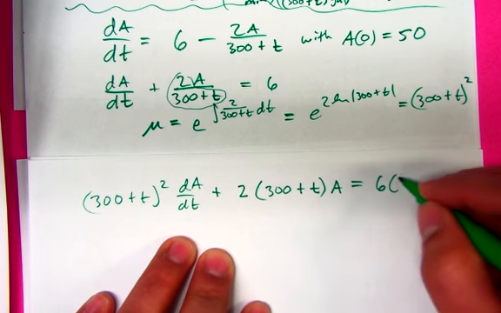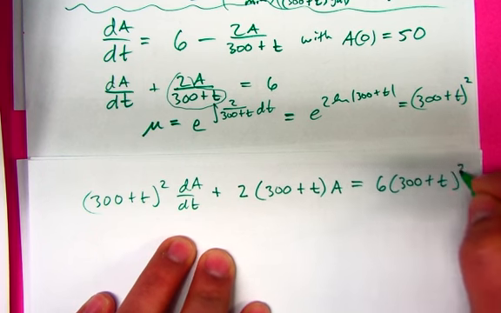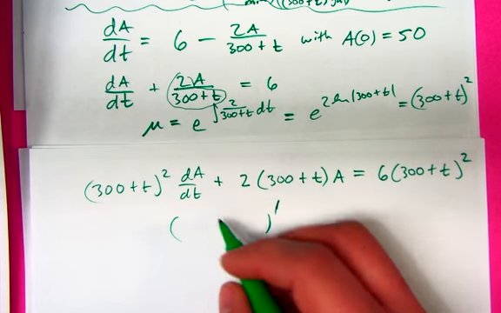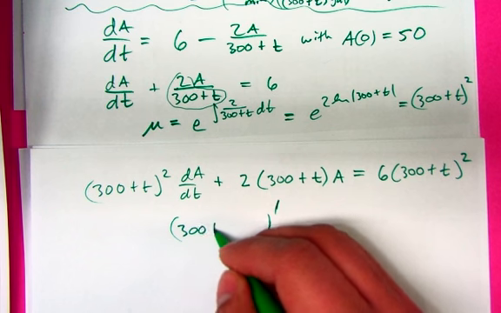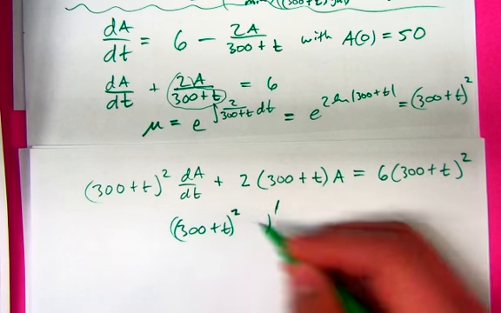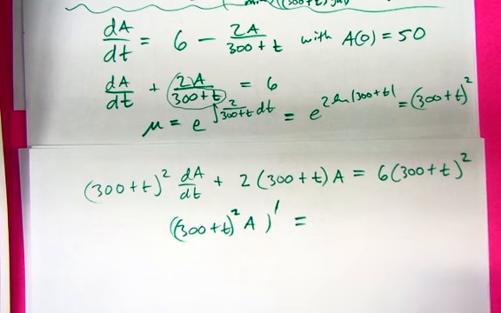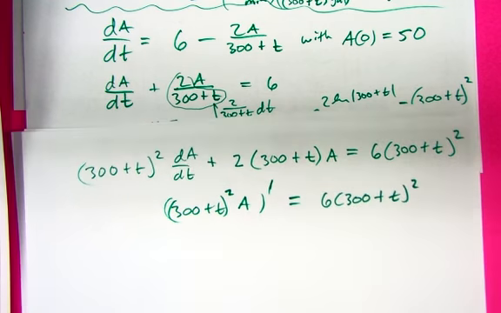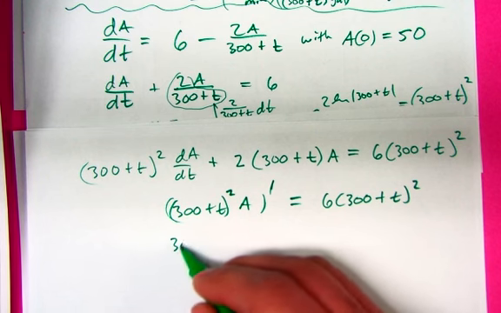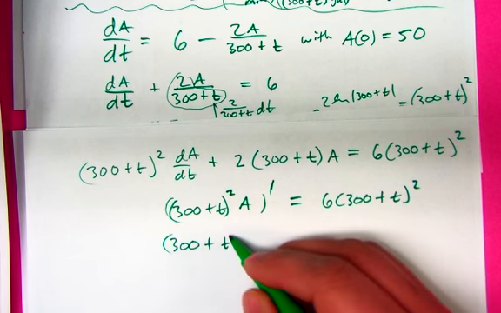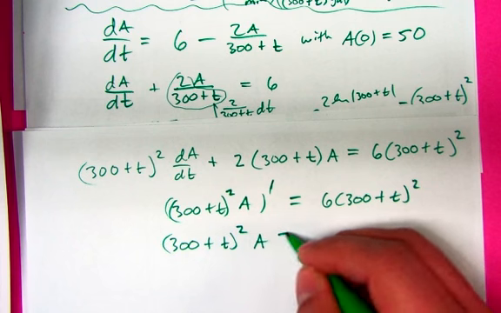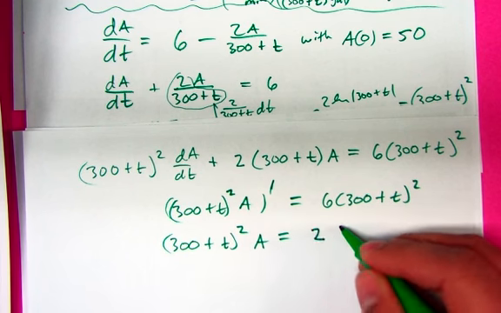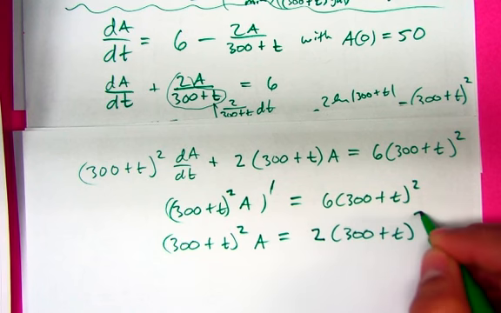The point of this is that the left side is now going to be the derivative of 300 plus t squared times A, and that's going to equal the right side. Integrate, so now we get 300 plus t squared times A equals, the integral of this side would be 2 times 300 plus t cubed.